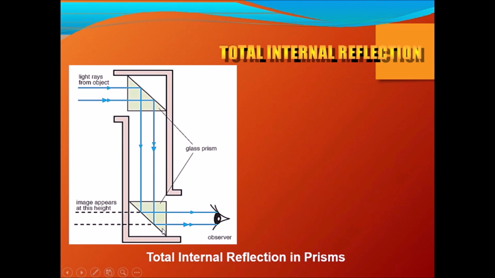Because there are chances that some of the light gets absorbed in the mirror. But when it is a glass prism like this, due to total internal reflection, and when I say total I mean almost 99.9% of the rays get reflected, the clarity will obviously be better. That is why we use a prism.